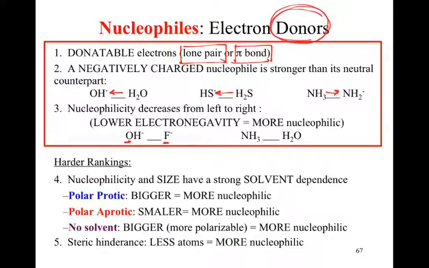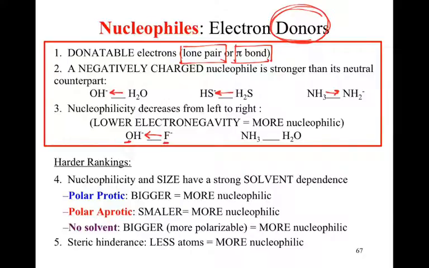If fluorine is more electronegative than oxygen, what is it doing to the electrons? It's actually holding them. The whole point of the nucleophile is to donate them. So fluorine becomes a horrible nucleophile because, well, it wants to hold its electrons. So our lower electronegativity, assuming the charges are the same, is actually more nucleophilic.